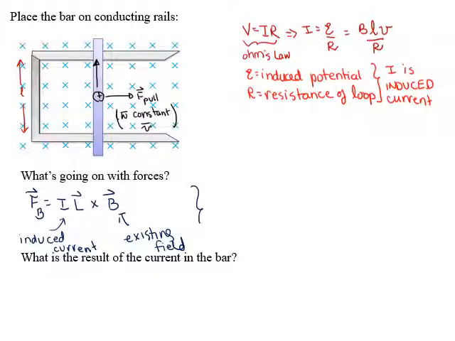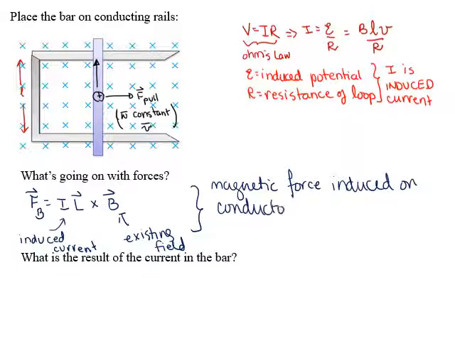So this is a magnetic force induced on the conductor, or the moving bar. Whoops, there I tried to speak and write at the same time. That never turns out well for me. So magnetic force induced on the conductor, that sliding bar, moving in the magnetic field.